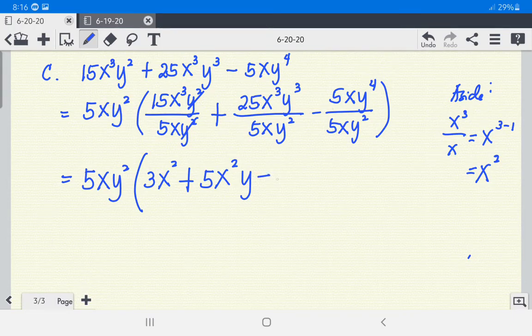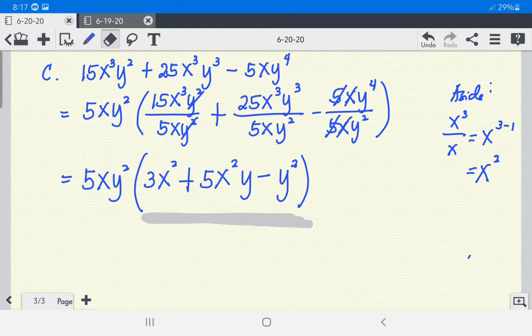Then x divided by x is 1 also. So cancel 5, cancel x also. And then we have only the y variable, so 4 minus 2, that is 2. So here, the factors are 5xy squared, and then the other factor is 3x squared plus 5x squared y minus y squared.